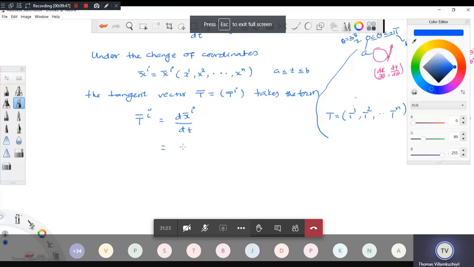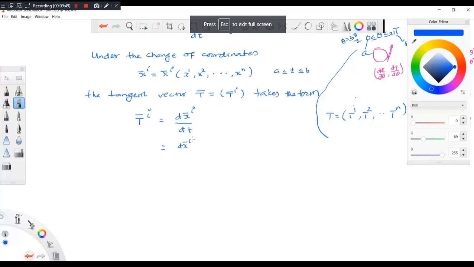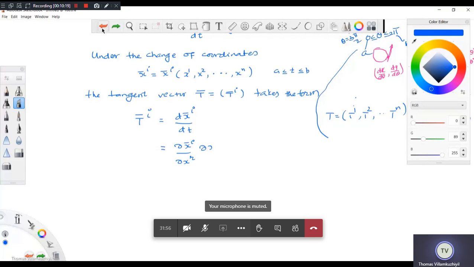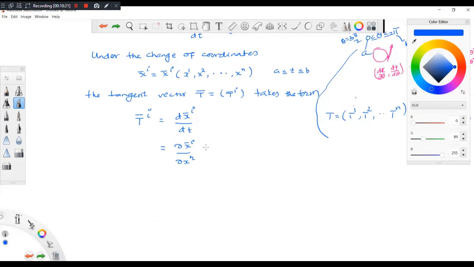This can be written as, rather this is a partial derivative, which is the better option for this. I will tell you why it is so. So this is equal to del x bar i by del x r into dx r by dt.